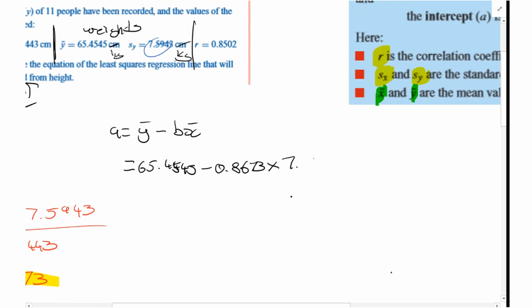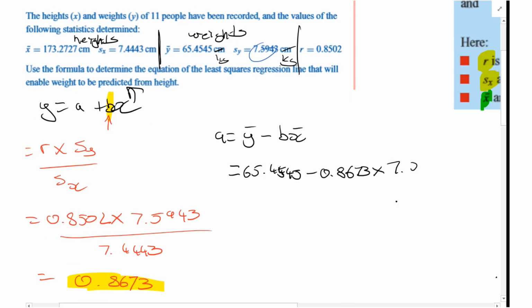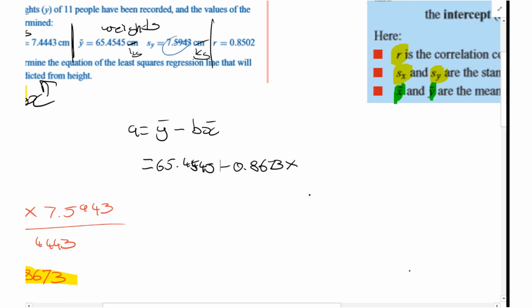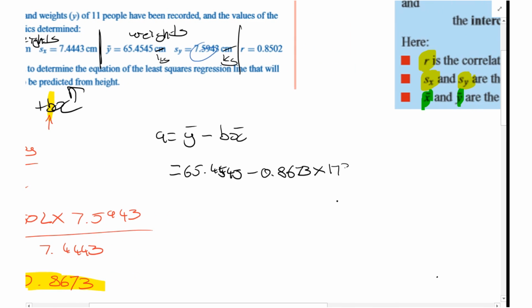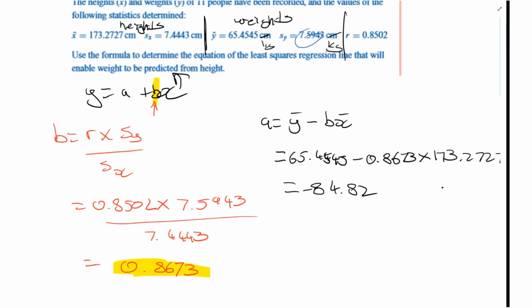Oops, wrong thing, I'm looking at the s, sorry. X bar is 173.27. That equals 65.45 minus 150.27, which is minus 84.82. Okay, so we've now worked out what a equals.